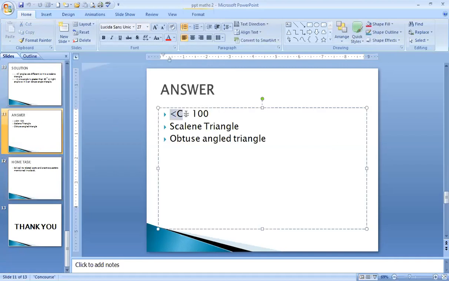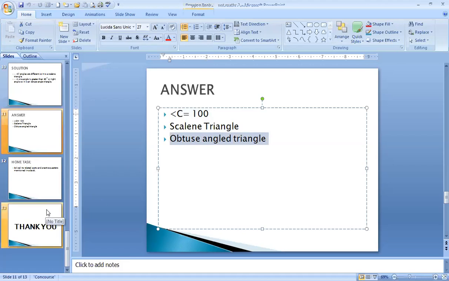First of all, mention the unknown angle, that is angle C. Mention the value of the unknown angle that you have found: angle C equals 100 degrees. The type of triangle with respect to its sides is scalene triangle, and with respect to its angles is obtuse angle triangle.